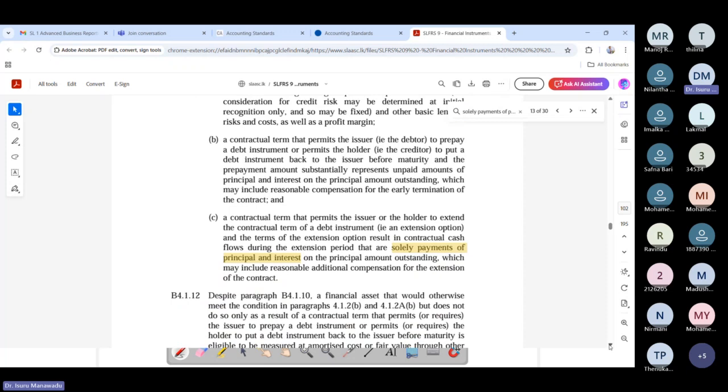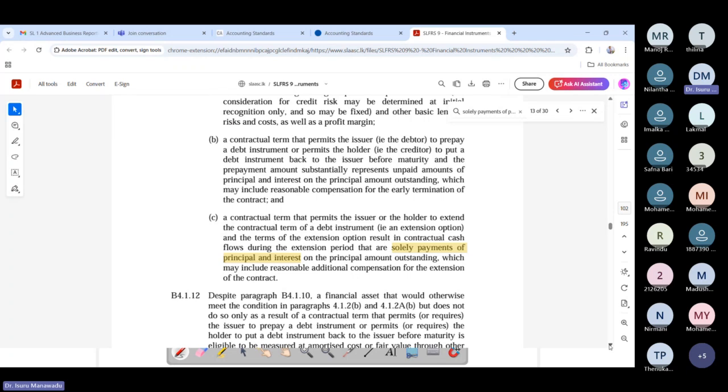Look at the third one. The contractual term that permits the issuer or holder to extend the contractual term of the debt instrument. Extension option. So that's what we have done under leasing.